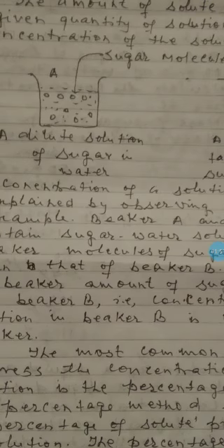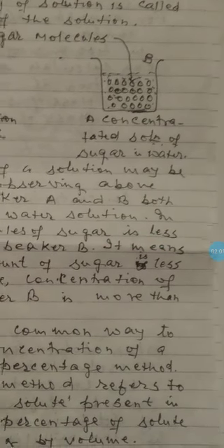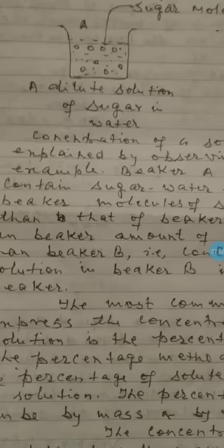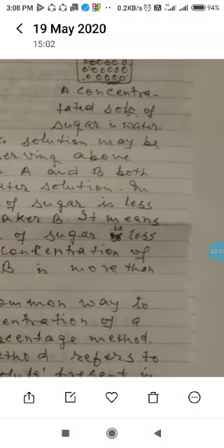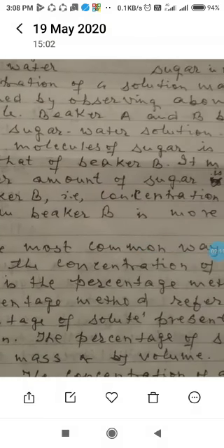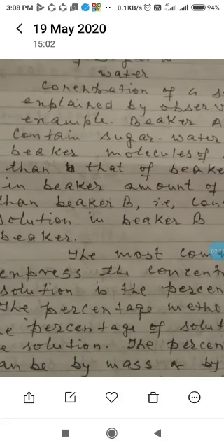It means beaker A has a less concentrated sugar solution than beaker B. So concentration of a solution may be explained by observing these two beakers taken here.